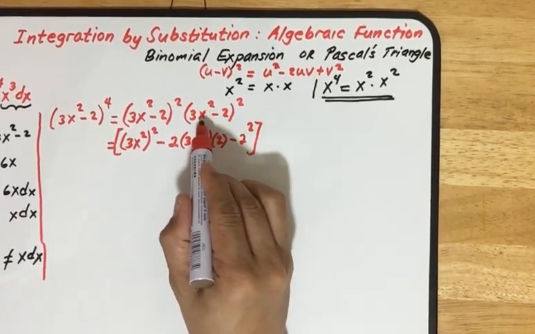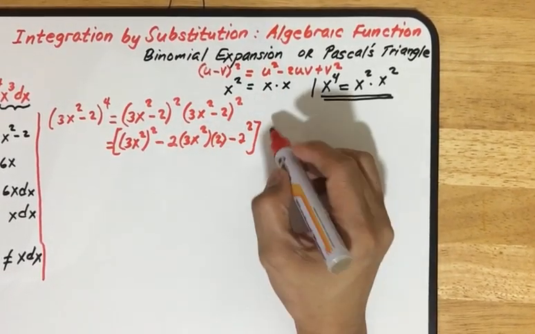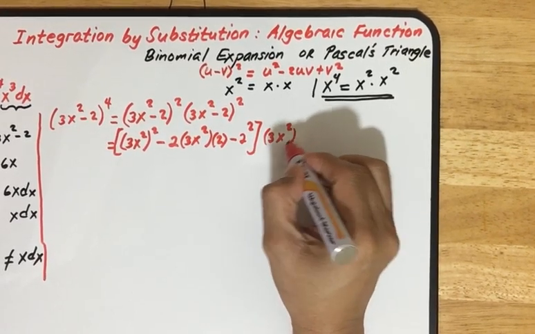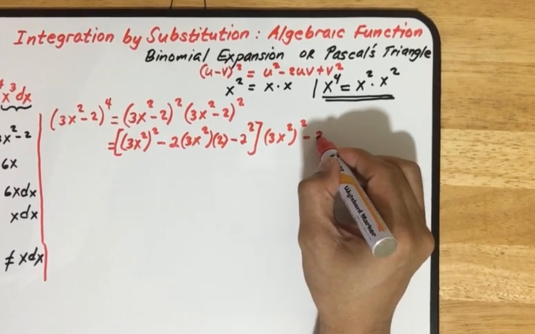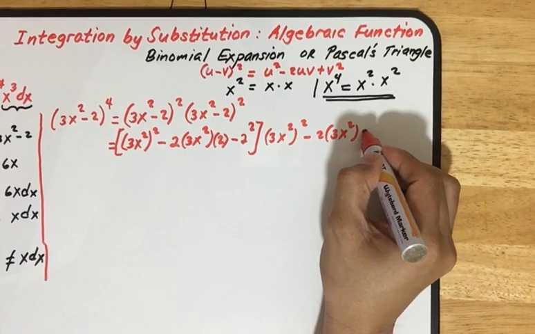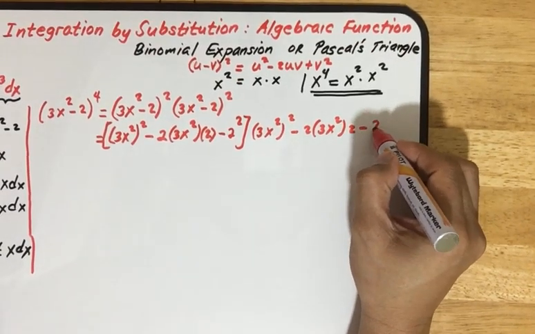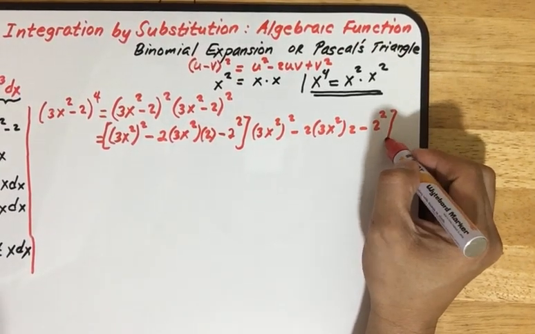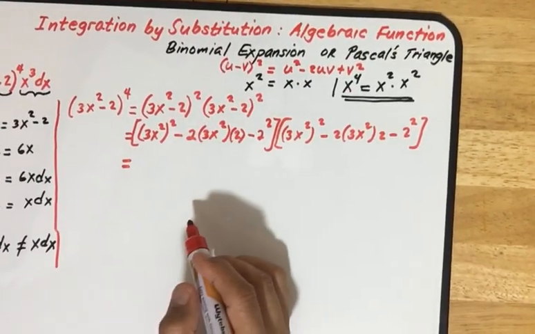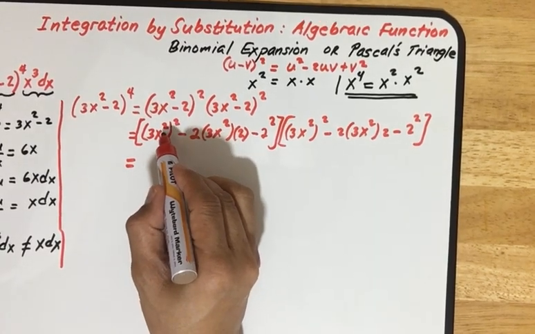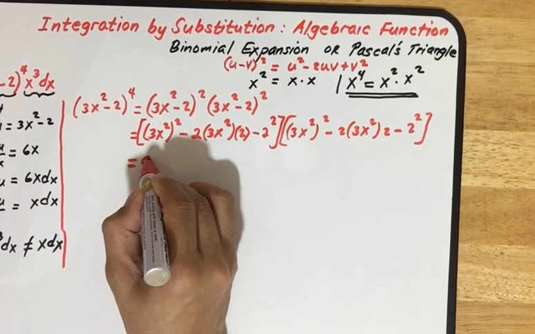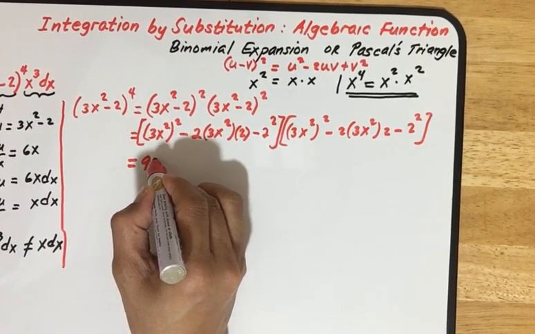Then since they are just the same, you just copy this. So this is also 3x squared, squared, minus 2 times 3x squared times 2, then plus 2 squared. They are just the same. And using the law of exponents, we square 3 and square x squared. So this will be 9x to the 4th.